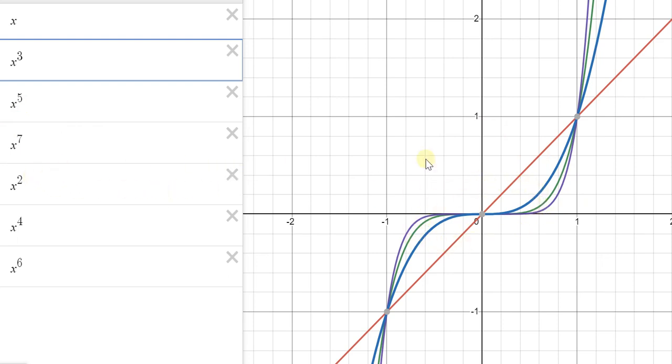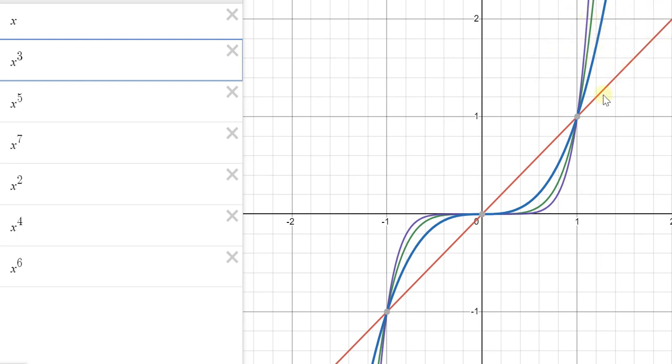Now, we talked about the end behavior of all of these, x cubed, 5th, 7th, all the odd power polynomial and power functions. The end behavior means for large x values and very small x values. So think of as x goes to infinity, becomes very large. All of these power functions tend to go to positive infinity, right?